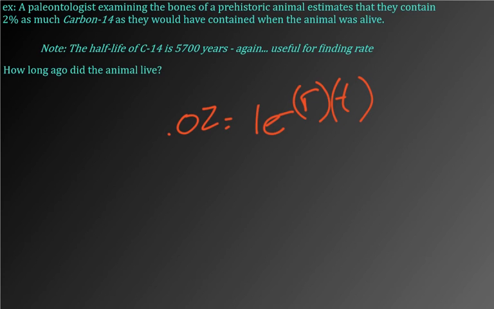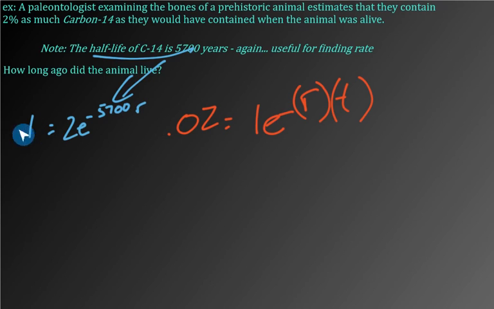All right. So to do the rate part, that's where we're going to use this half-life, just like before. So if we started with, say, 2 grams of carbon-14, we would have 1 gram of it after 5,700 years, right?